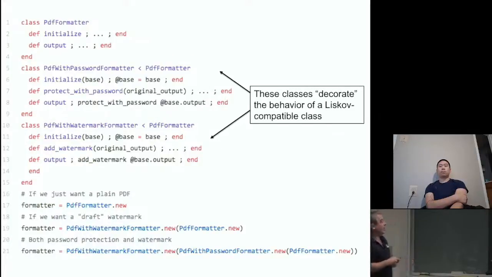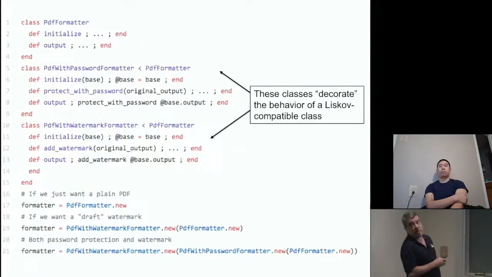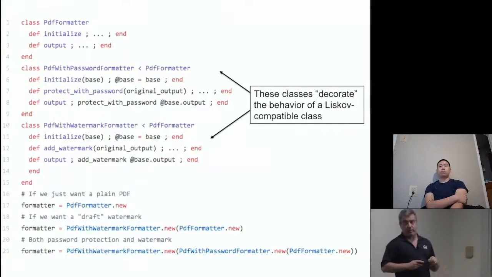Because then, when I call output, basically what I'm saying is, when I am called upon to add a password to a file, the first thing I'll do is I'll call the output method of my base class. That's this method up here. Then I will protect that thing with a password, and that's the thing that I return. So I'm essentially delegating most of the work to the class I inherited from, but I'm doing my little special bit of magic on top of that basic work, which is where the name decorator comes from.